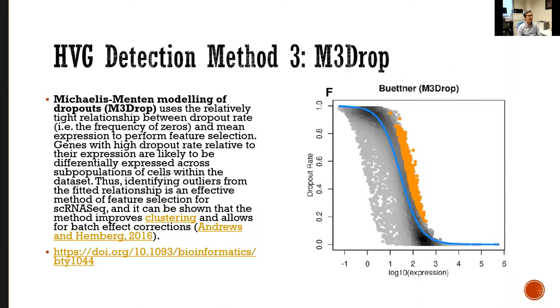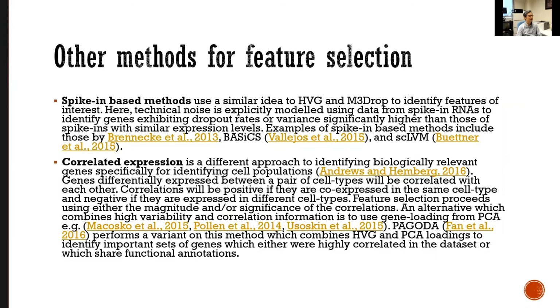There's another way to do it, but this is not a very well accepted method, so I'm not going to go into any detail. There are other models you can use for feature selection to identify the highly variable genes.